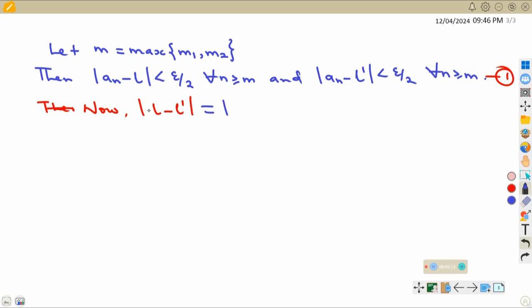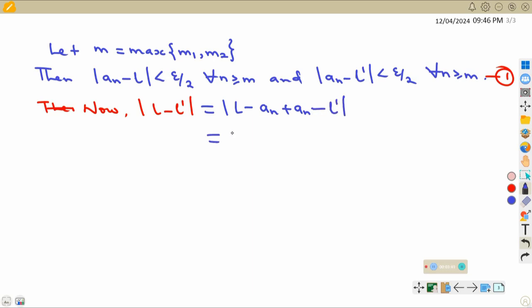So if we have the magnitude of L minus L prime, I can say this is the magnitude of L minus a_n plus a_n, and then minus L prime. You are creating a 0 using a_n, that is minus a_n plus a_n. Of course it will give you 0, without changing the meaning.